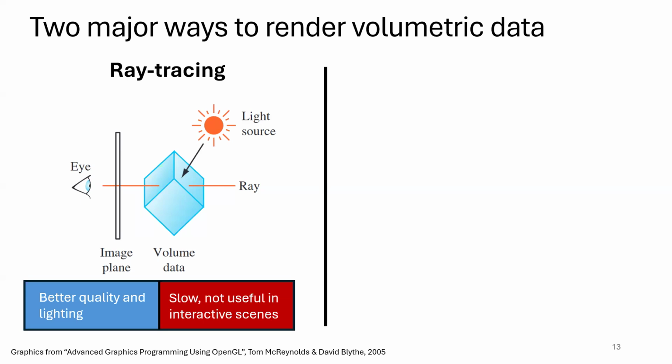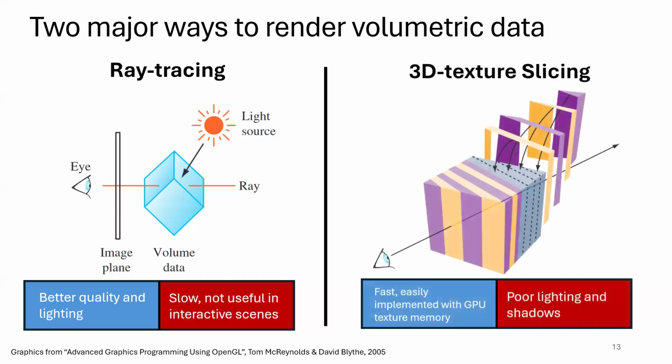But what this provides is really good lighting quality at the cost of speed. Since we have to simulate all these different rays, potentially bouncing off of other things, if we want reflections, it's going to be very intensive, and it's really not applicable for real-time scenes. We're just now on the cusp of getting some real-time ray tracing techniques given advances in computer hardware, but still a long ways out.